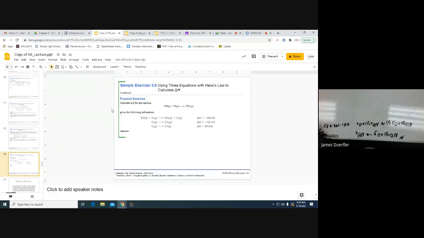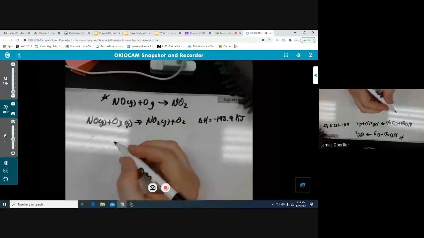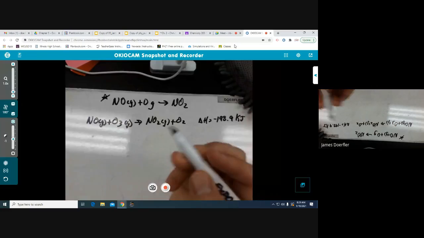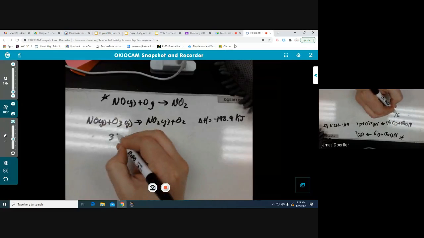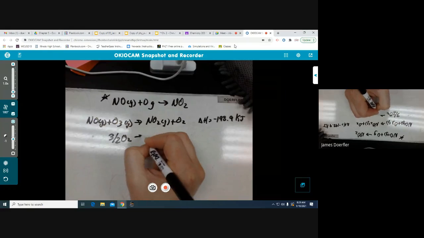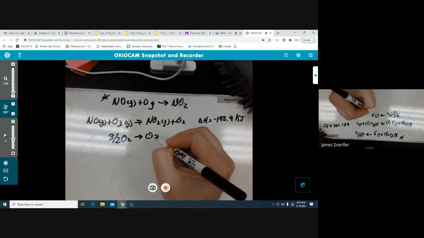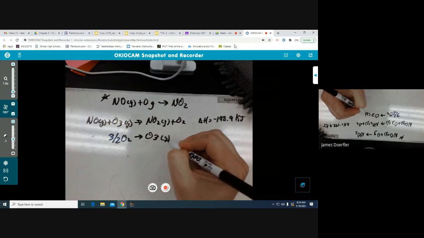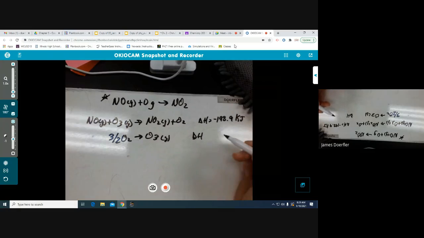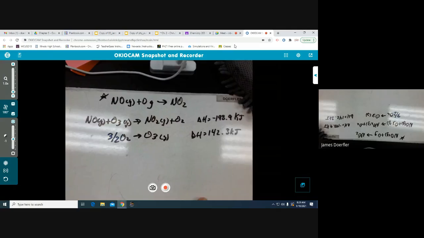So the second one, I'm going to flip. That's going to give me 3 halves O2 yields O3 gas. And again, when you flip the equation, you're going to change the sign. So now it's going to be 142.3 kilojoules. So I got rid of that negative sign.